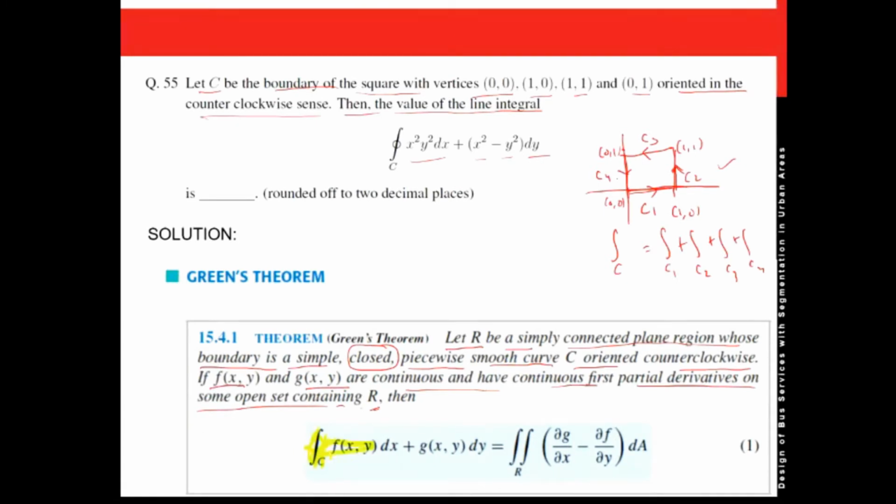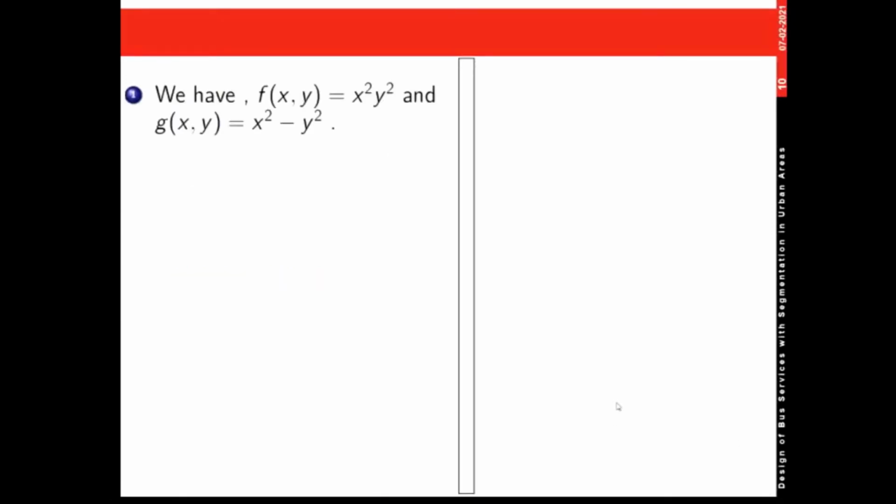Integral over C of f(x,y) dx plus g(x,y) dy is equal to the double integral over R of (∂g/∂x minus ∂f/∂y) dA. Okay. So we will use this theorem and we can easily find the answer.